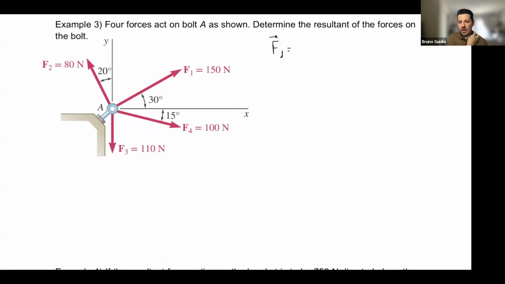What do we have for F1? Okay, let's take a look here. F1, we know its magnitude, 150 newtons. Blue one, 150 newtons. What is its direction? Well, we have 30 degrees here, measured from the x-axis. All good. Awesome. So if I put it here, the components, I know that this is F1x.